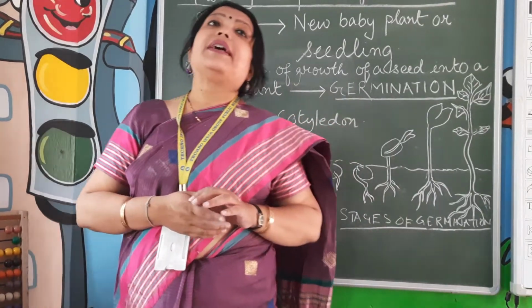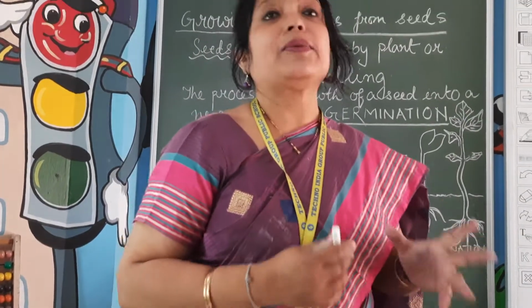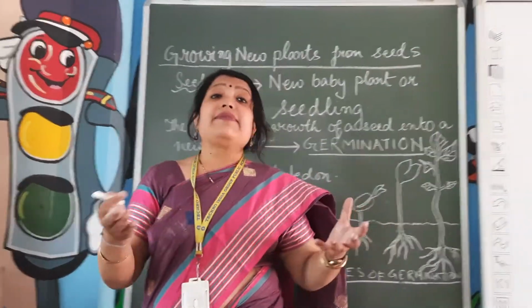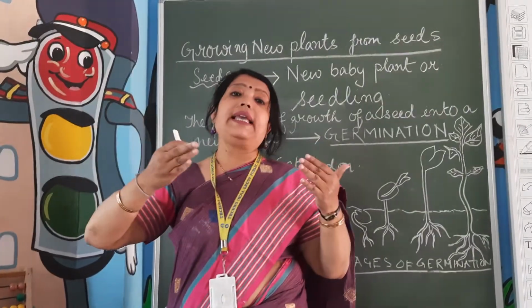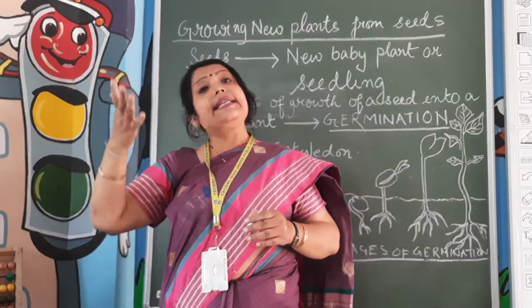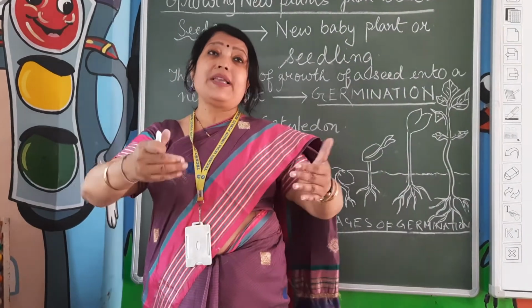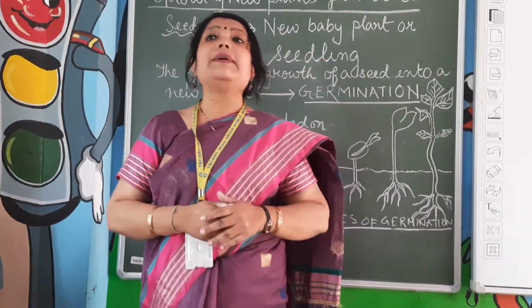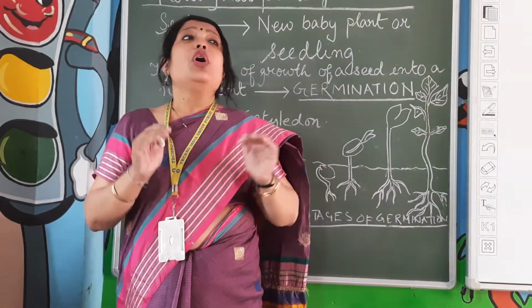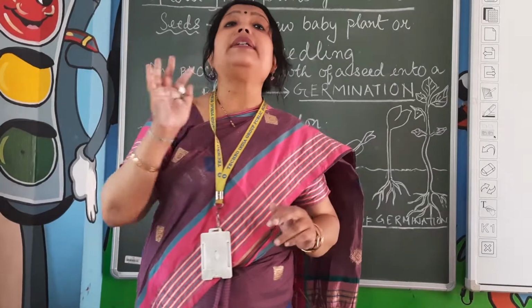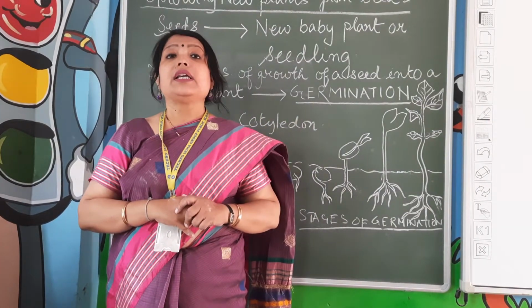Now I can ask you a very nice question. It is very obvious that plants leave out seeds, and the seeds fall just below the tree. So why is there a necessity for the dispersal of the seed?